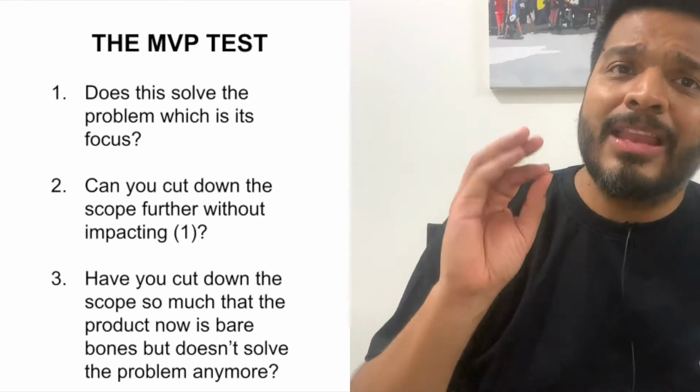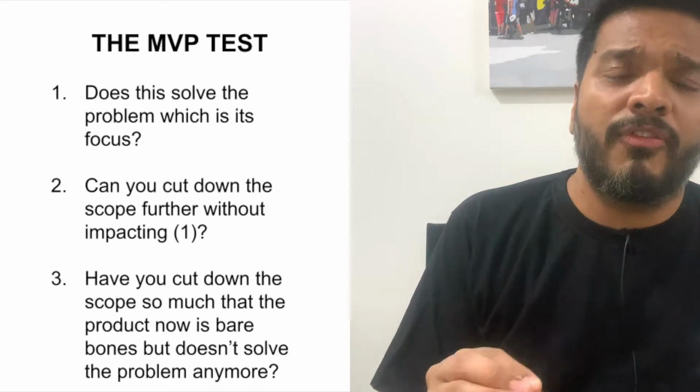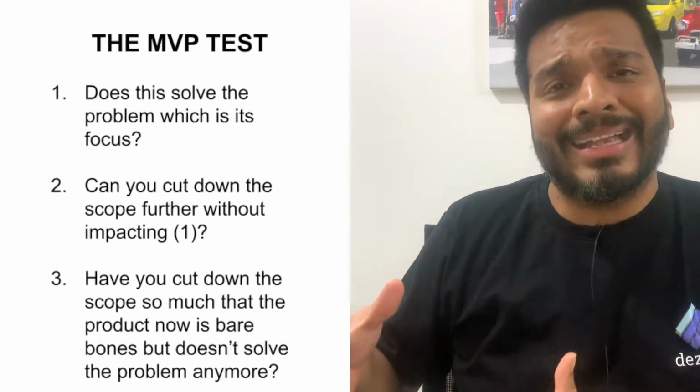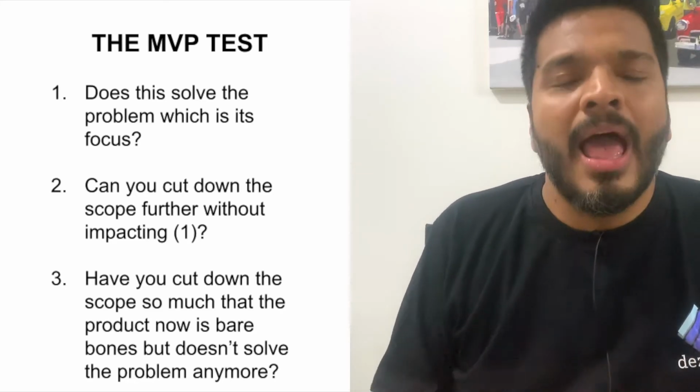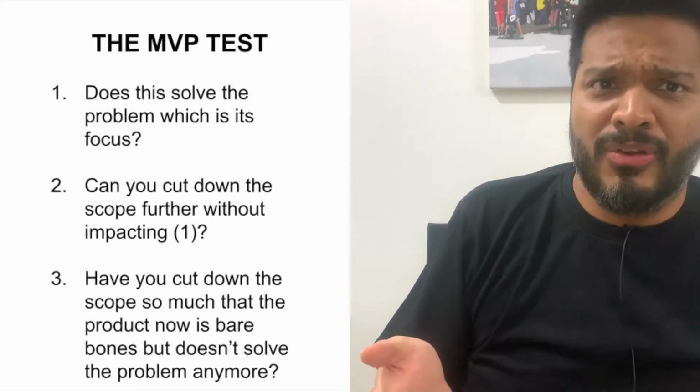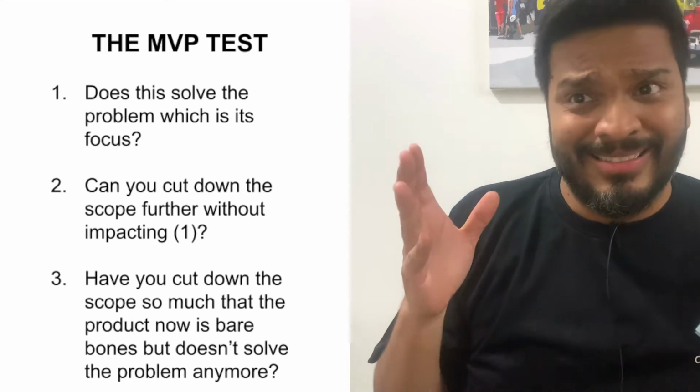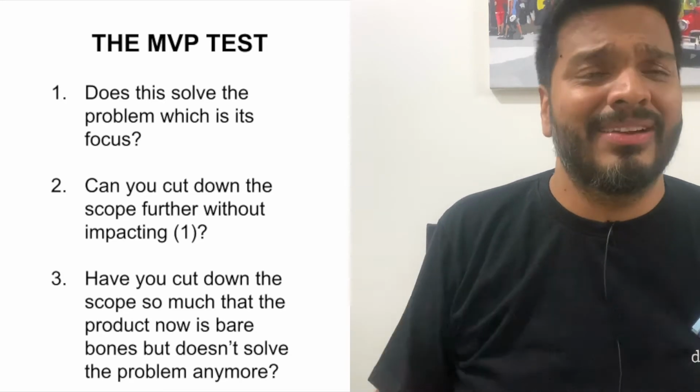Number two, can you cut down the scope of it further without impacting the solution? Number three, have you cut down the scope so much that now the product is just bare bone and doesn't really solve the problem?